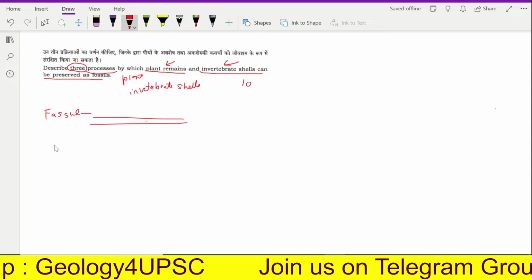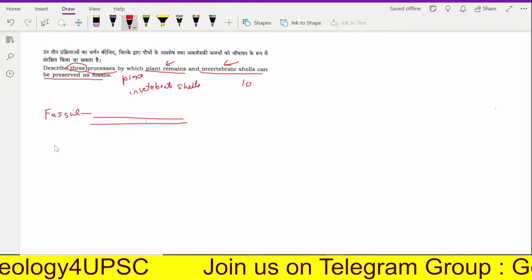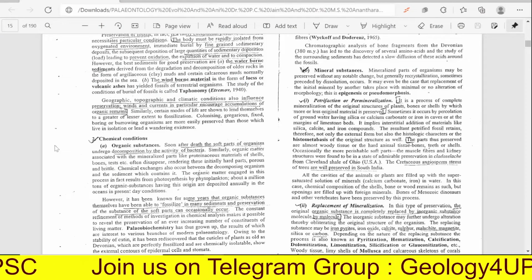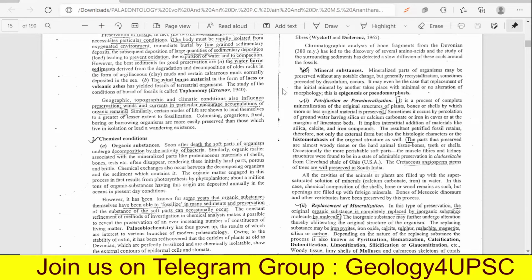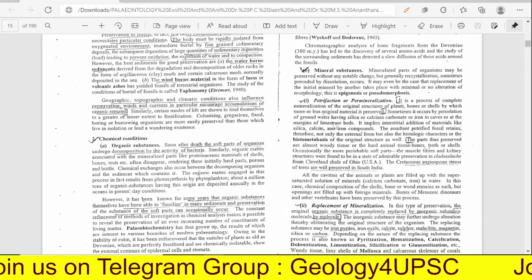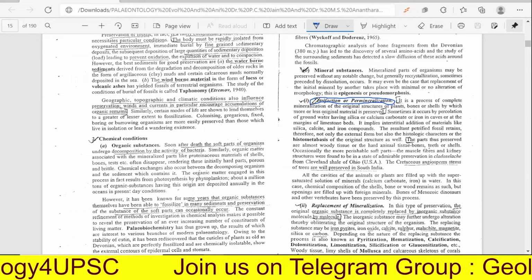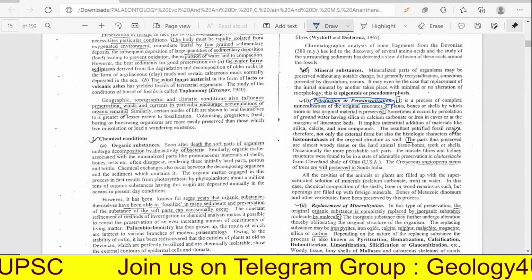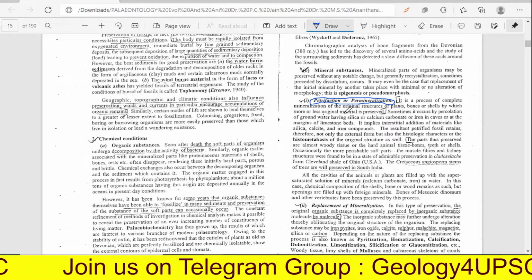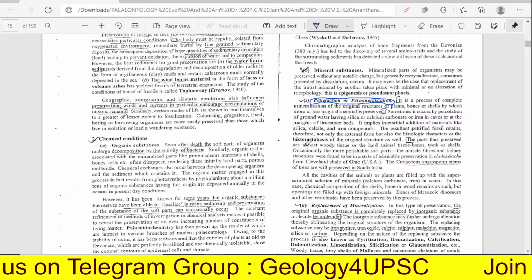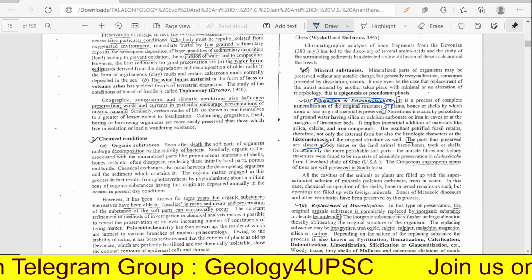For plant remains, the source which we told you already was PCG and Anantaraman. We'll go to it. See, here it is written. So first is petrifaction, or permineralization. This is the first point which you'll be writing, and petrifaction is majorly used for making petrified woods, so it comes under the plant remain category.